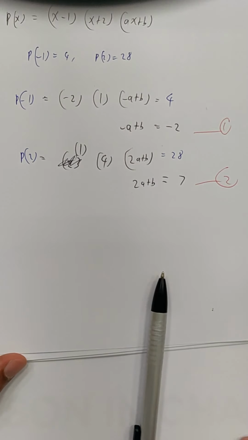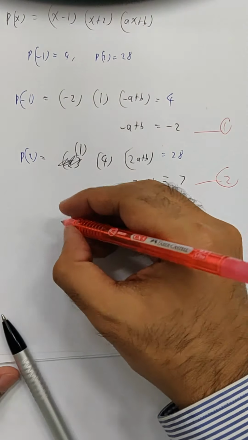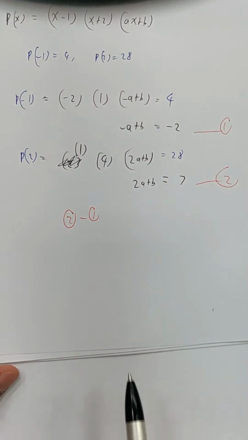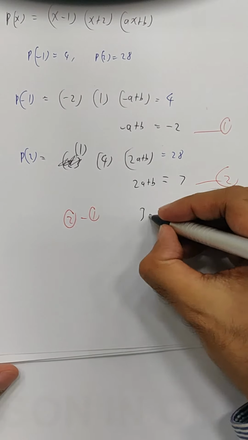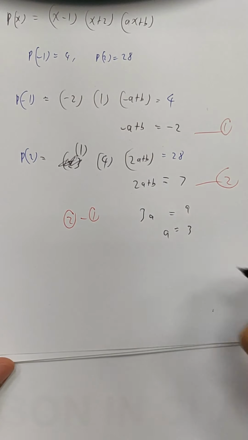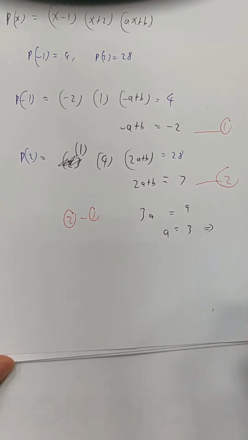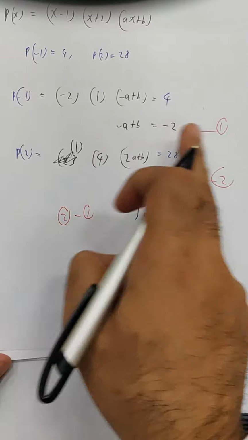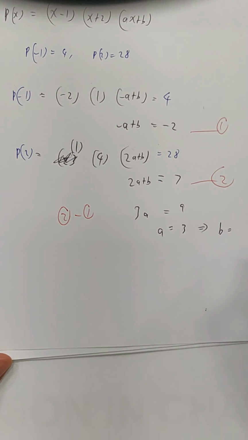We have here two equations, two unknowns. Easy to solve. The easiest way I think is just equation 2 minus equation 1. B and b cancel, so we get 3a equals 9, a is 3. So what is b? b is 1.